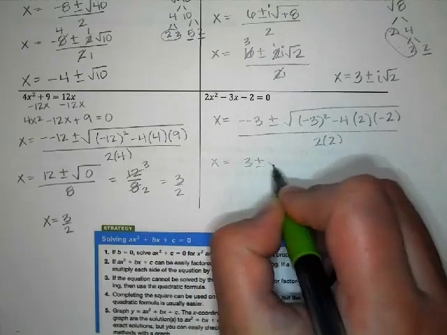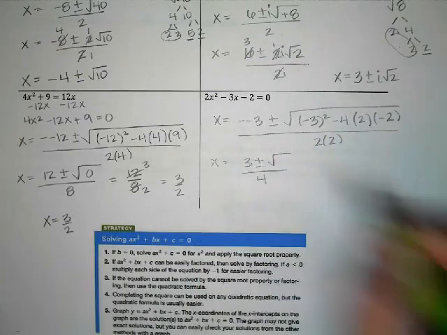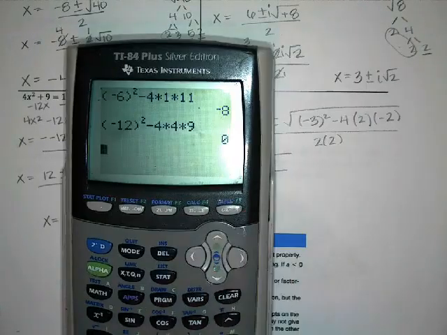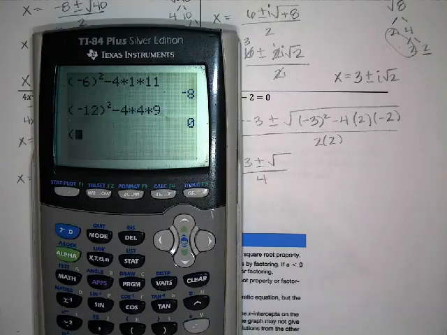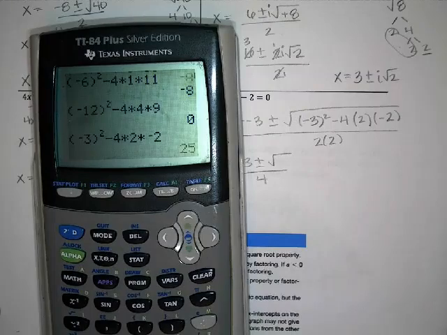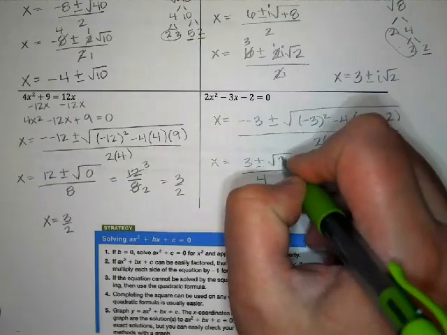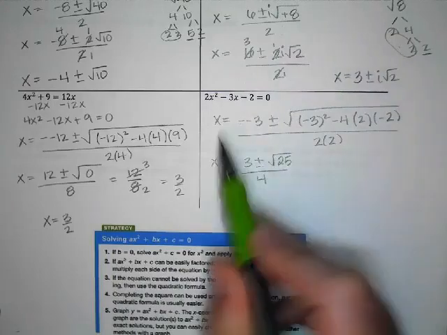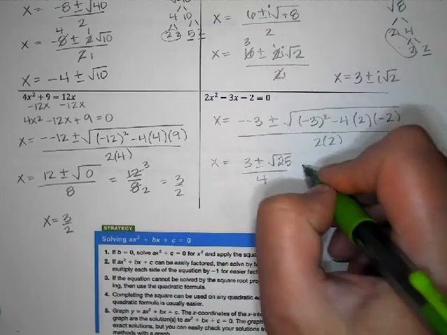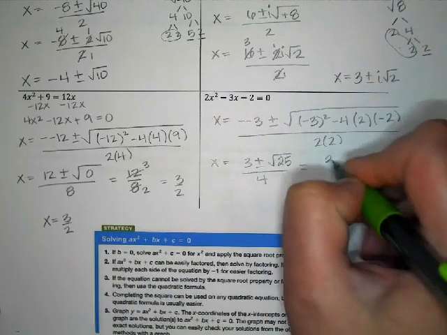Okay, so we'll type in the discriminant. 25. So this one's unique because that's a perfect square. This problem would have been factorable if we wanted to do it that way. Square root of 25 is 5.